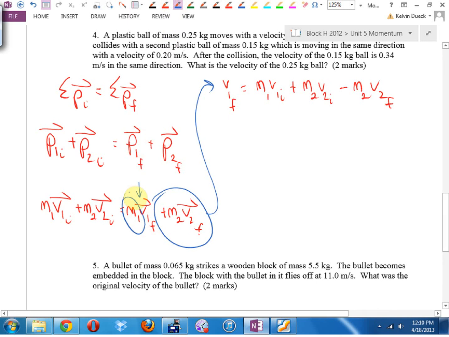What's the M1 doing to that V? Adding, subtracting, multiplying, or dividing? Multiplying, so how will I move it over? I think I will divide by the whole thing, like that. And now it's plug and chug. Complicated plug and chug, yes, I agree, but plug and chug. It's going to be, come on, pen. Oh, it's been doing so well up until now.